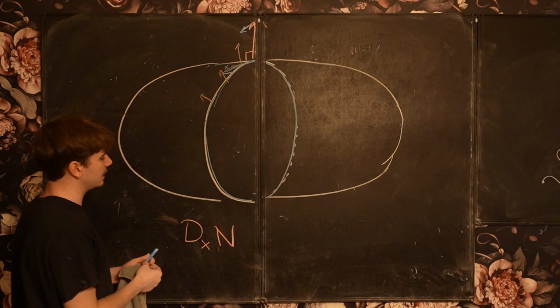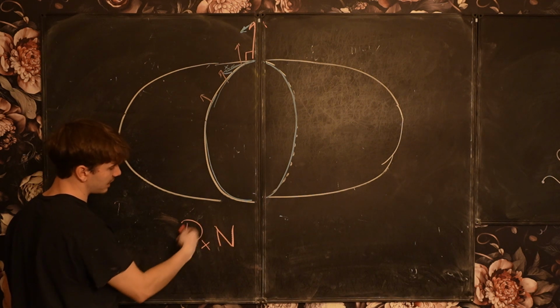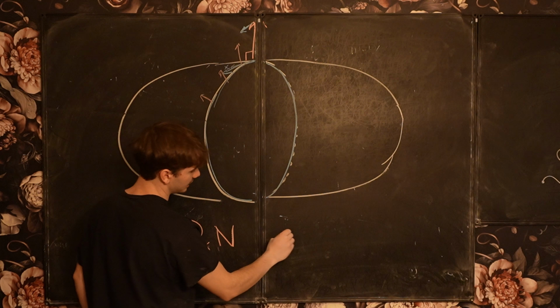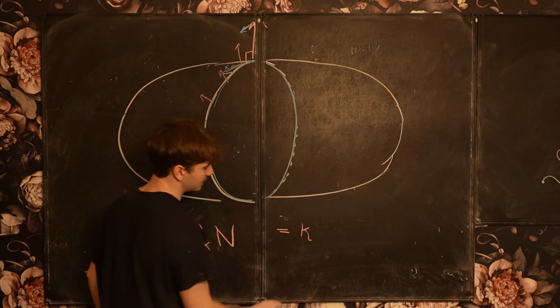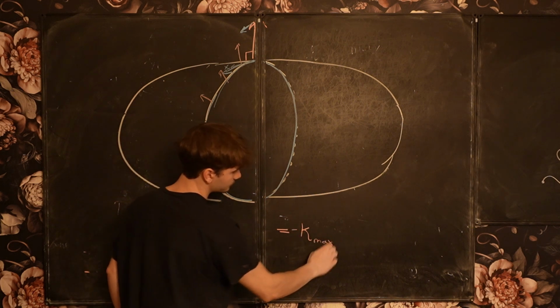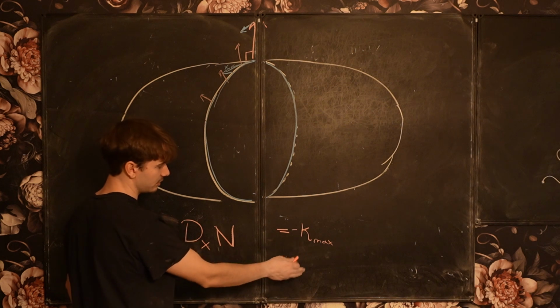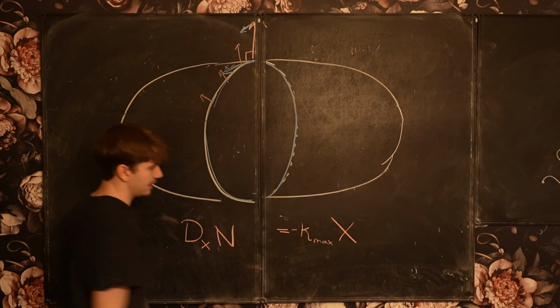And then similarly, this directional derivative is actually equal to some scalar multiple, which is negative, times the maximal principal curvature in the direction x, okay?